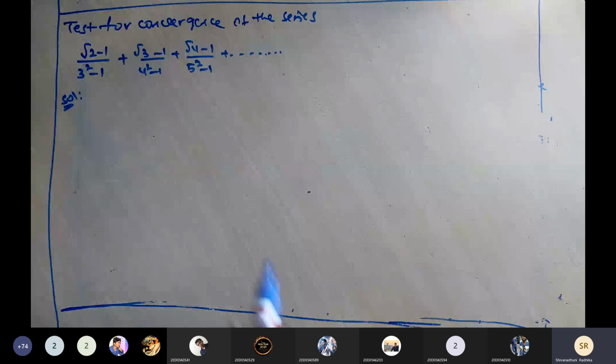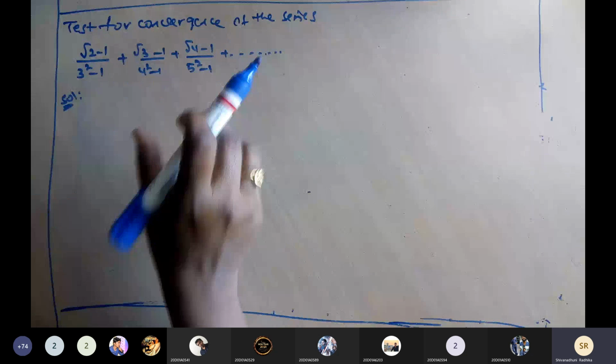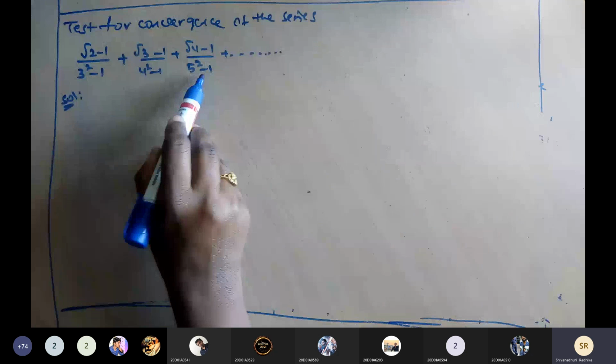But here the terms are given as a sum. This is an infinite series, but we are not getting the general form of the given term. This is the first term, this is the second term, this is the third term. Like, what is the nth term? First find out the nth term.